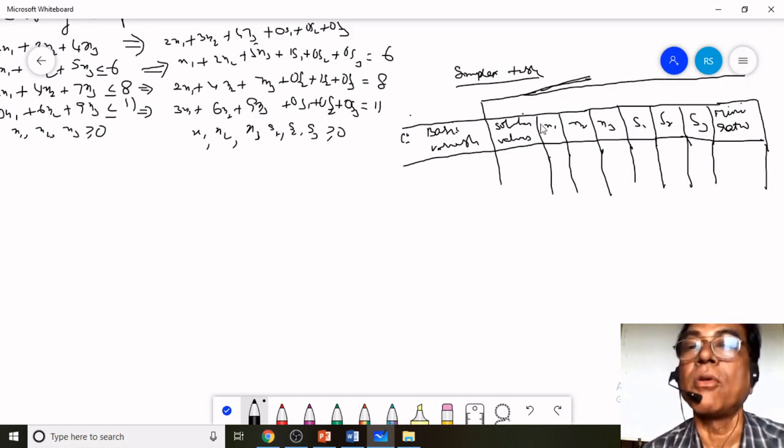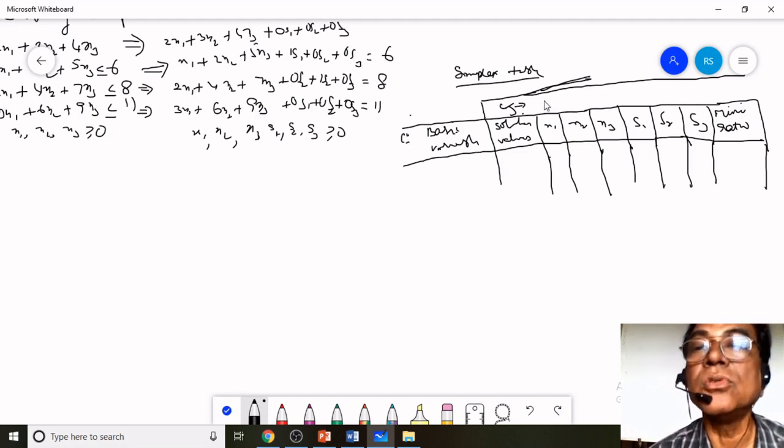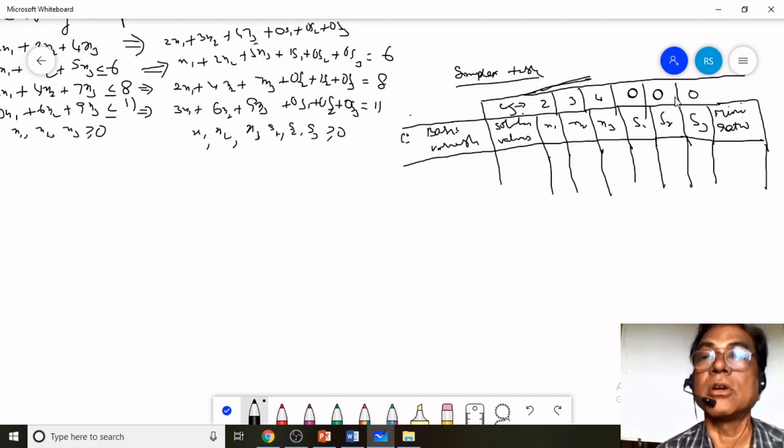Now this is CJ. CJ, you write like this. CJ means take the first equation. What is the objective function value? Write down 2, 3, 4, 0, 0, 0. Now come to the point.